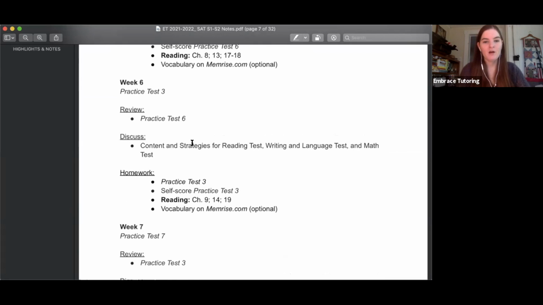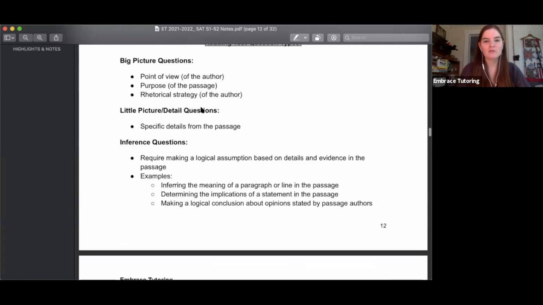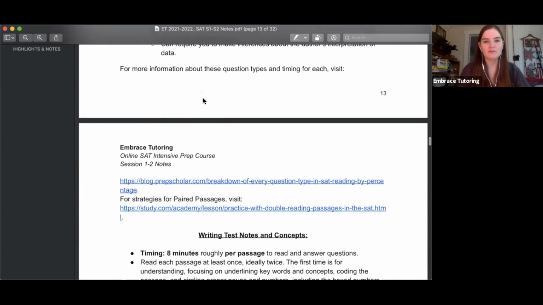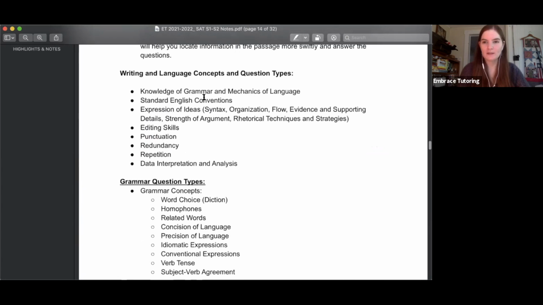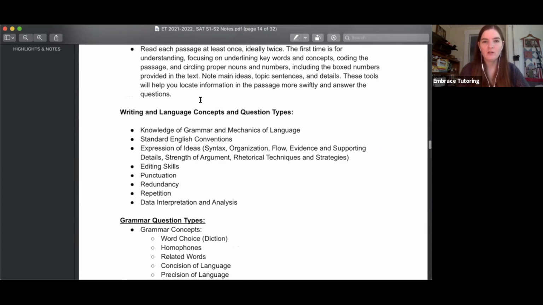Okay. So I wanted to take a quick look at some of the general grammar concepts. We're not really going to focus on the reading type questions because I think everyone has that down already, unless you have questions, which you can ask me about.